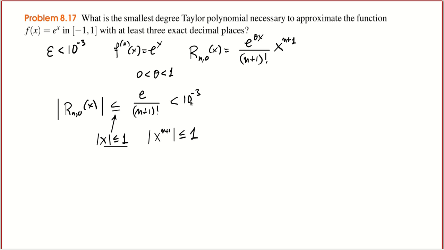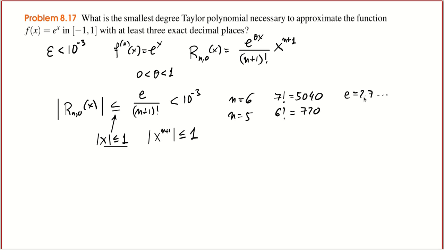If you start substituting values and calculating this expression, you find that this happens for the first time when n is equal to 6. 7 factorial, which is the number you have to put here, is 5040, and remember that e is 2.7 something. 6 factorial, which would correspond to n equal to 5, is 720.